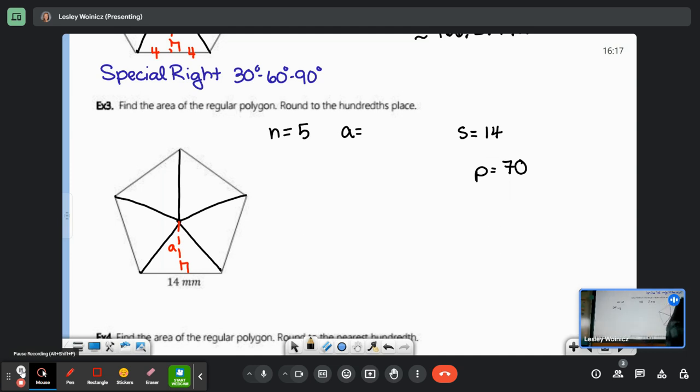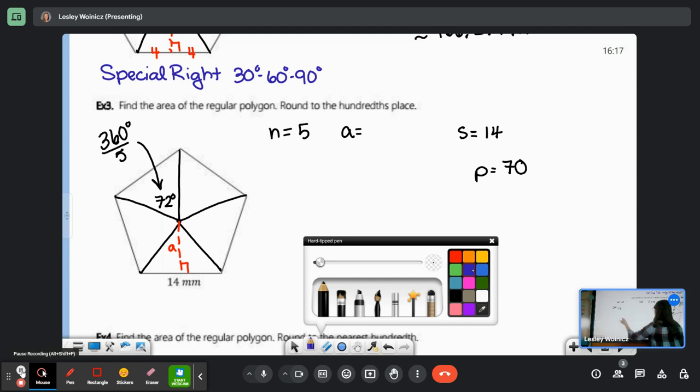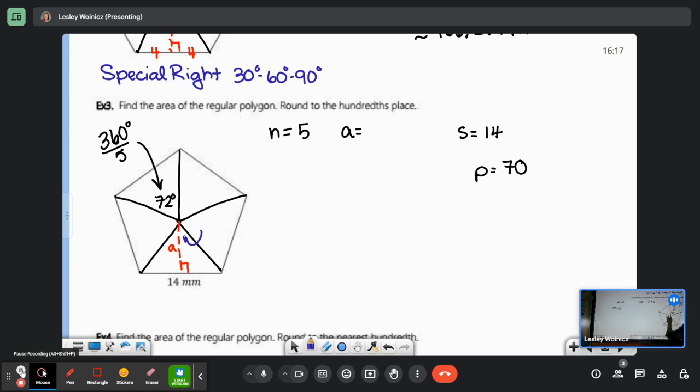So I'm taking my 360 degrees and I'm chopping it into how many pieces? 5. Good. And it gives you 72. Okay. So when I chop that in half, what is the measure of this little baby angle? 36.